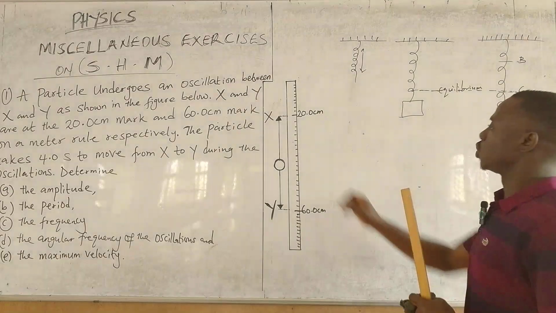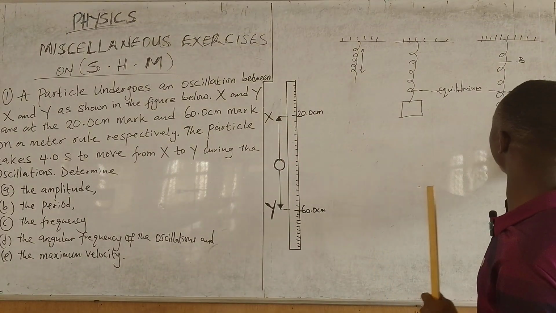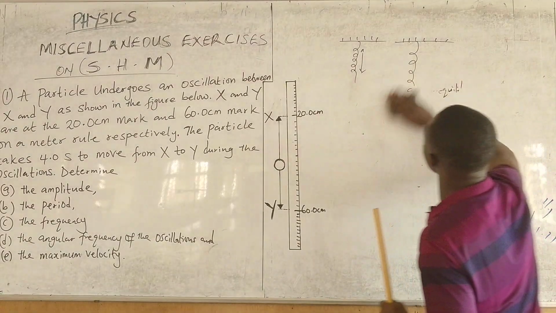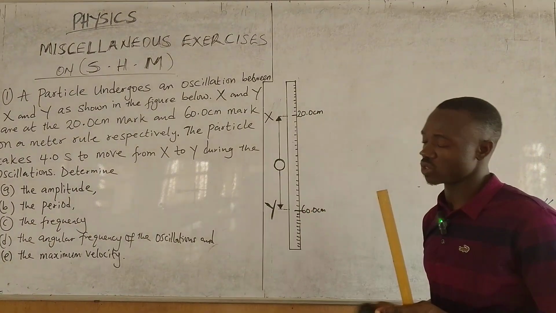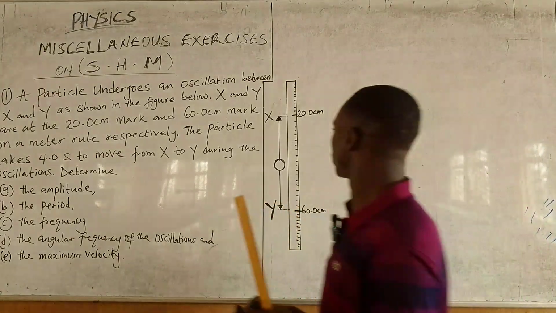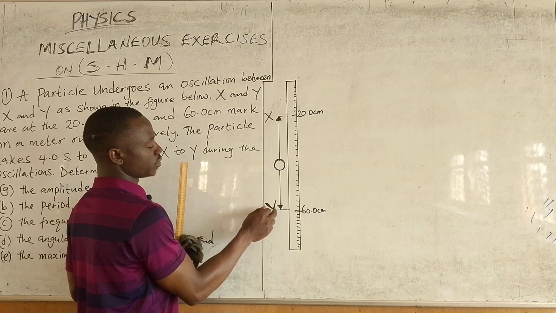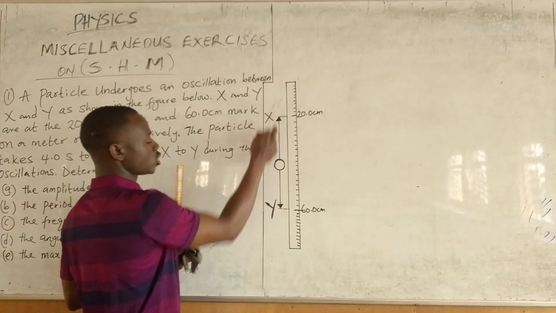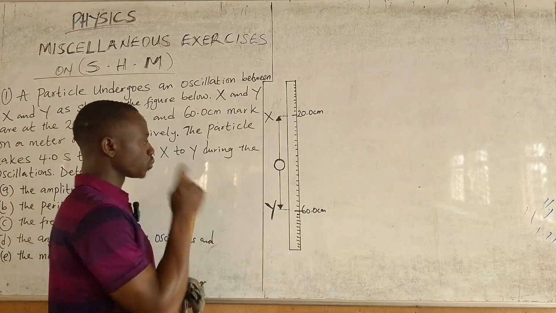So this question is very related to spiral spring oscillation, such that we have our oscillation from X to Y. So X to Y will be to, and Y to X will be fro.